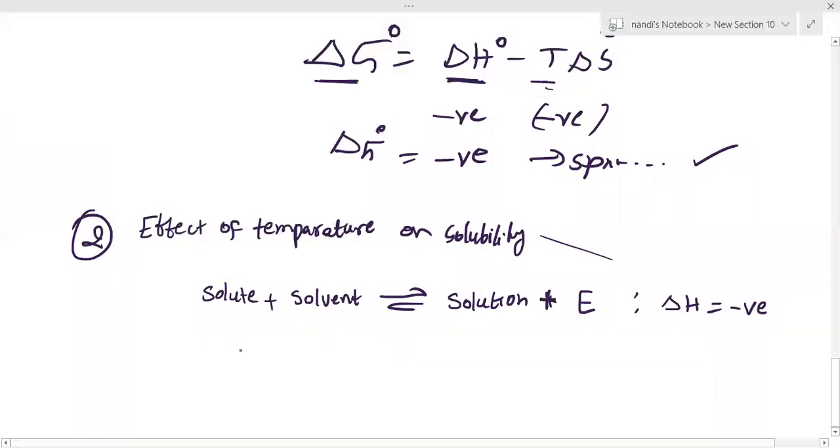According to Le Chatelier's principle, if temperature increases, the backward reaction takes place for exothermic reactions, sir. For exothermic reactions, when delta H is negative and temperature increases, the backward reaction is favored.